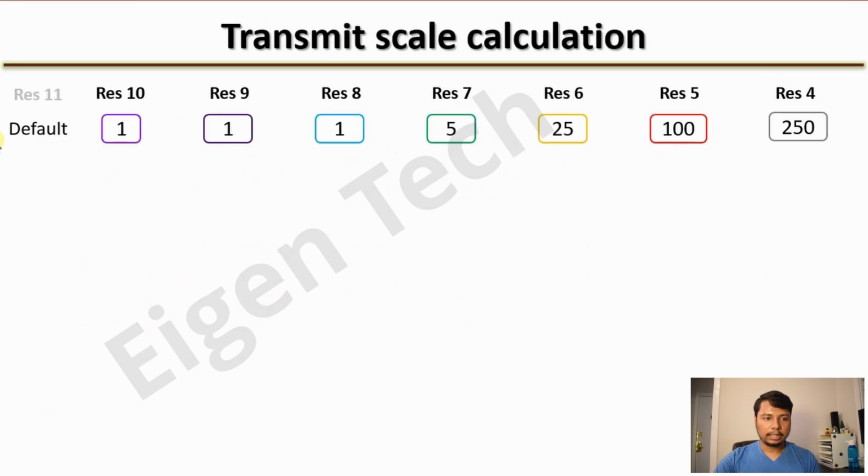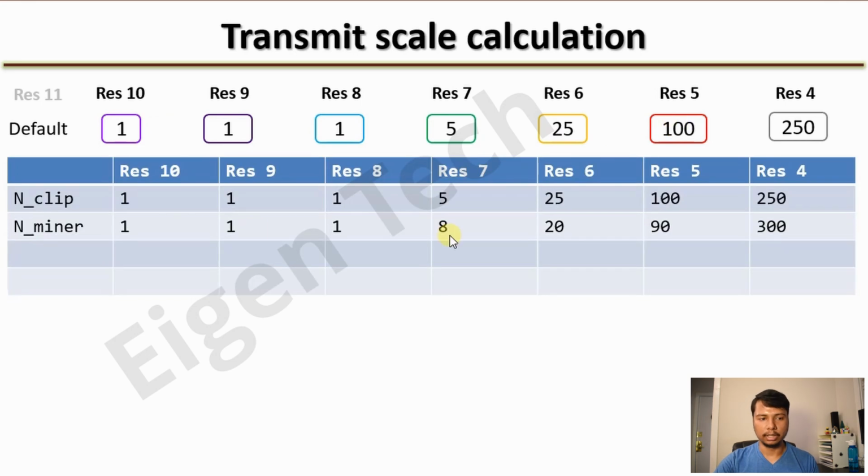So let us now take the default values here and try to compute the transmit scale for a given hotspot. I have grayed out resolution 11 and it is not being used. And this is showing you the n_clip numbers, which are the default values. Here I have prepared a table showing you the n_clip number, the same numbers for different resolutions.